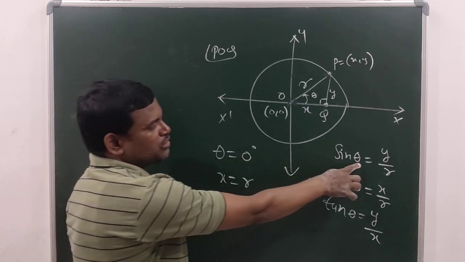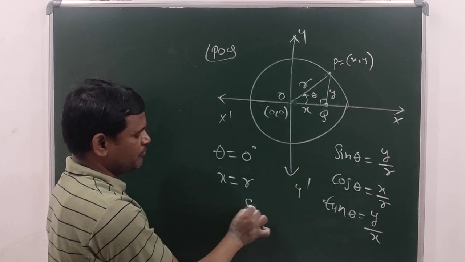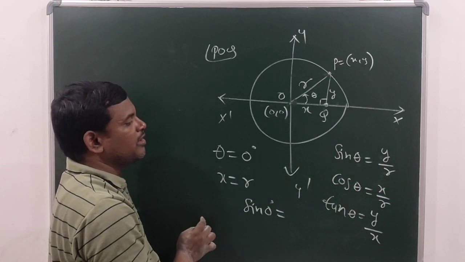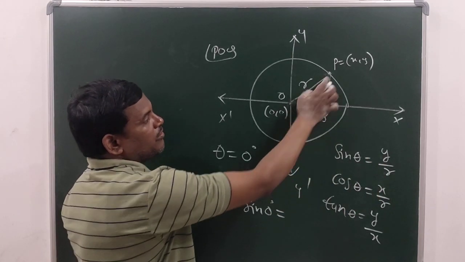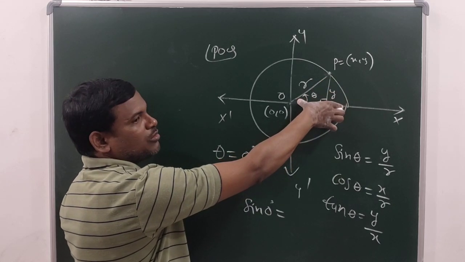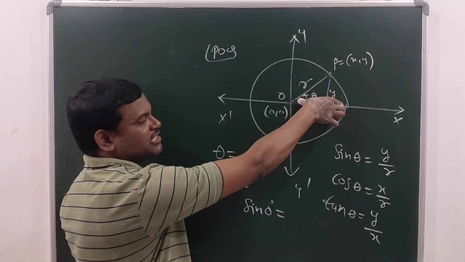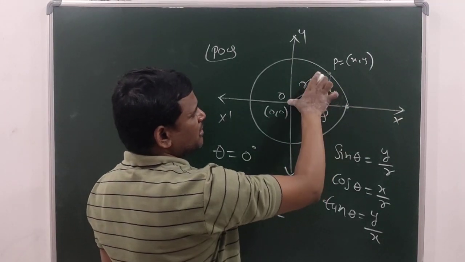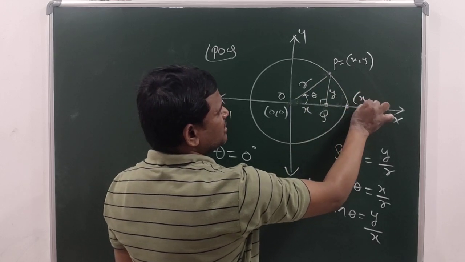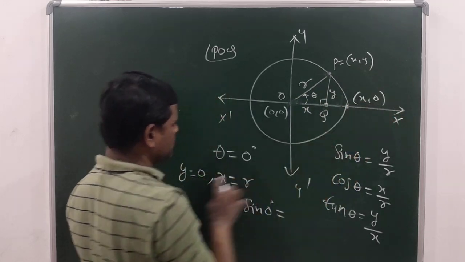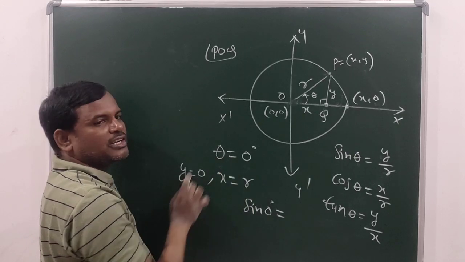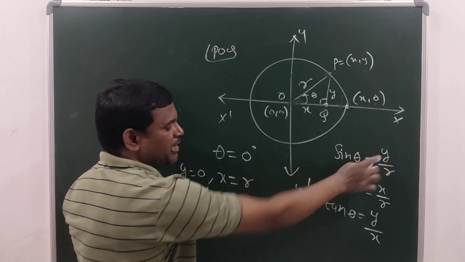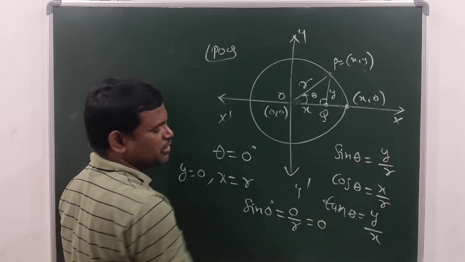When it coincides with the x-axis, your y will become 0. So there, x comma 0, your y quantity becomes 0 and x equals r, theta is 0. When you write all this in the definition, y became 0, so 0 by r becomes 0.